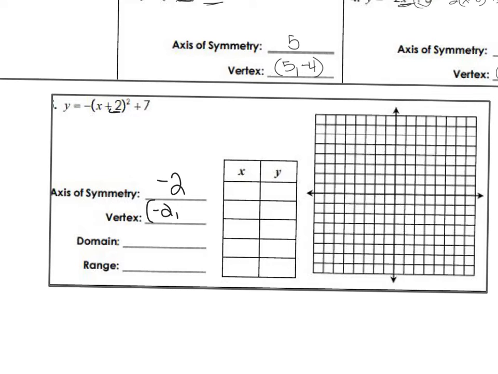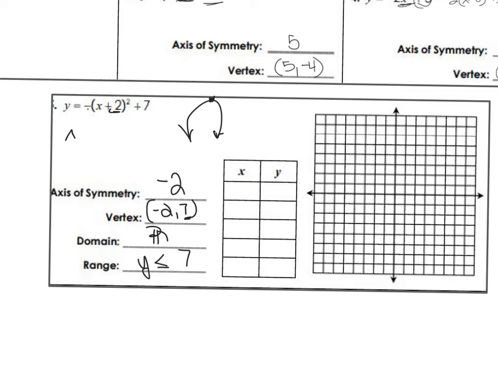My vertex is negative 2, 7. My domain is always all real numbers. And since it's a negative, it's going to be going down, right? So our range is going to be y less than or equal to 7, because our vertex is going to be a maximum sitting up top.